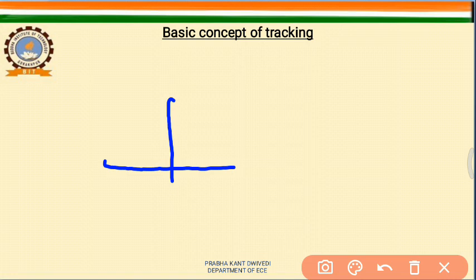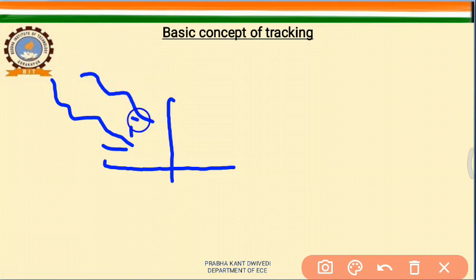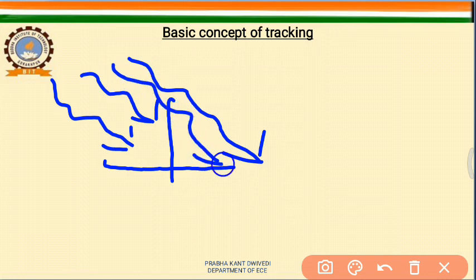So suppose the light is falling on this solar cell in this direction. In this case, the left side of the solar cell will receive more sun rays, while the right side will receive relatively less rays, or you can say the left side will receive more energy than the right side.